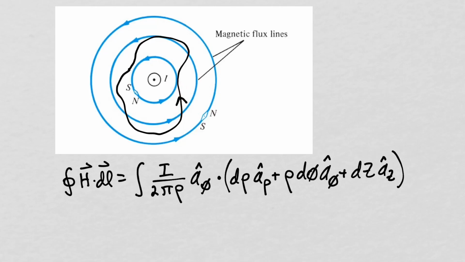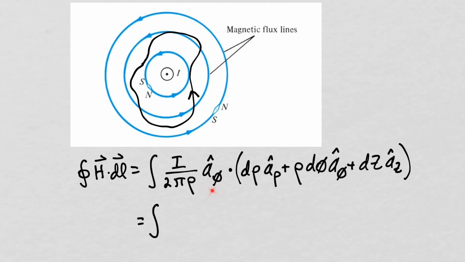So let's substitute for H our known magnetic field intensity for our infinite wire, and for dl, let's put the dl in for cylindrical coordinates. So a phi dot a rho is 0. A phi dot a phi is 1, so that leaves us with I over 2 pi rho d phi, and a phi dot az is 0.